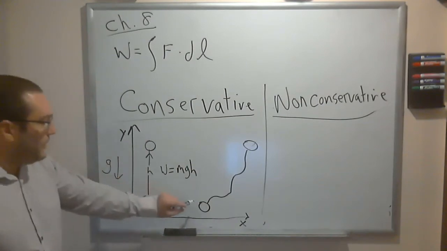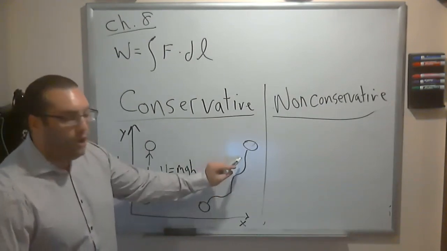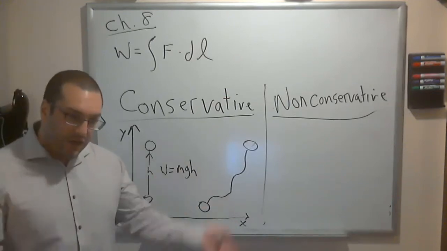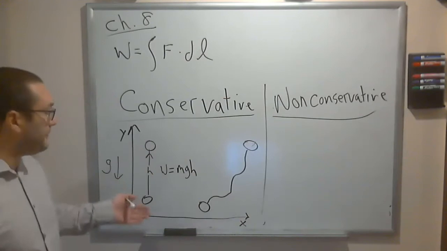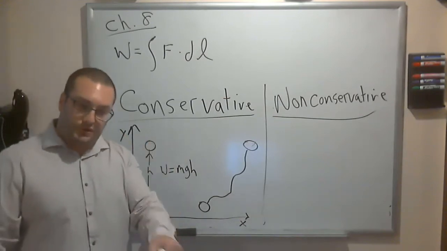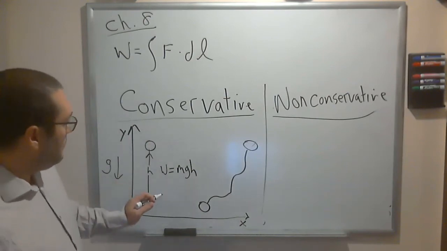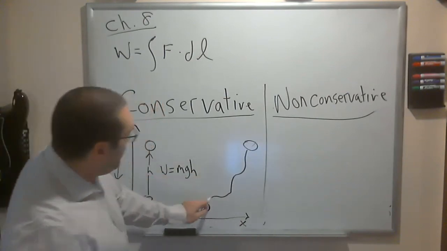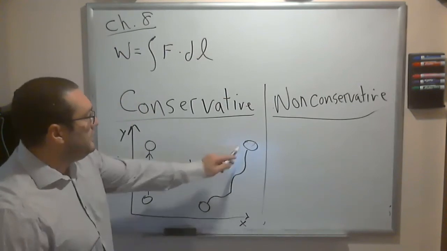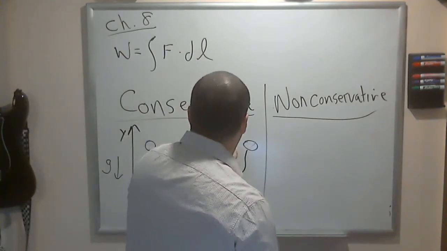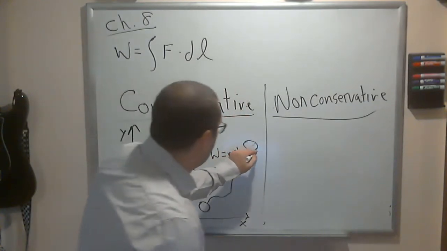No matter where I move this ball, the direction of g will never change in the environment that we know here on Earth. It's always downwards towards the center of the Earth. Because of this, the work that we do moving it from here to here is the same: mgh.